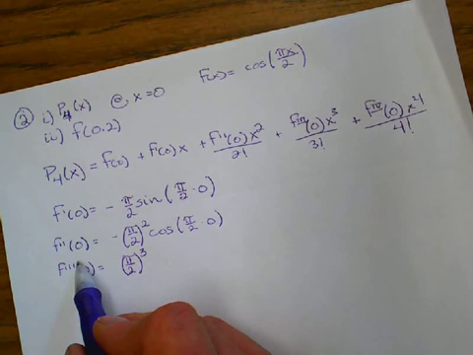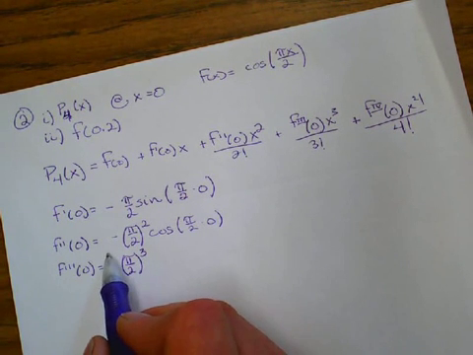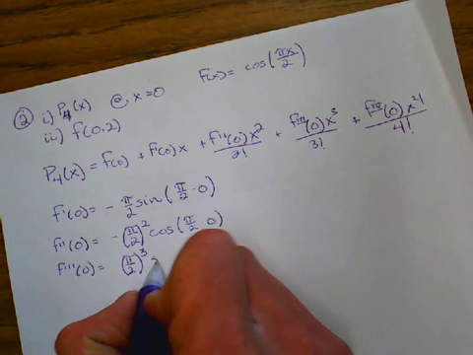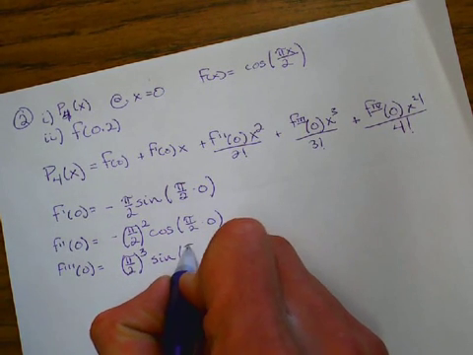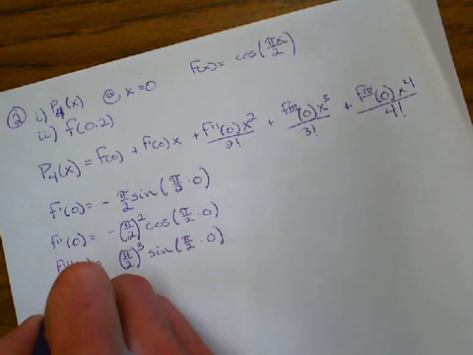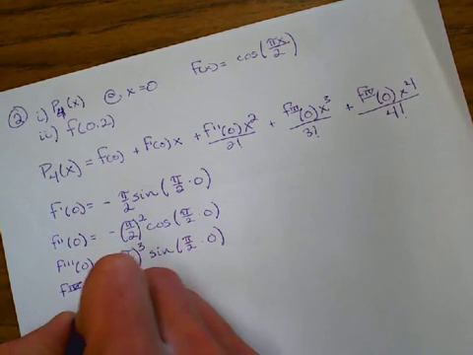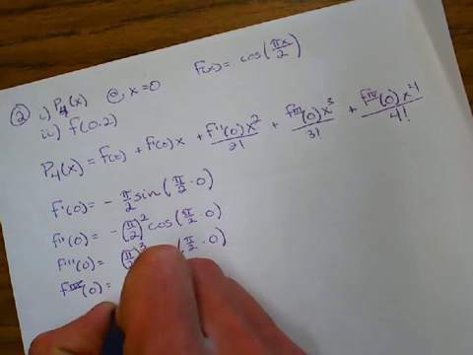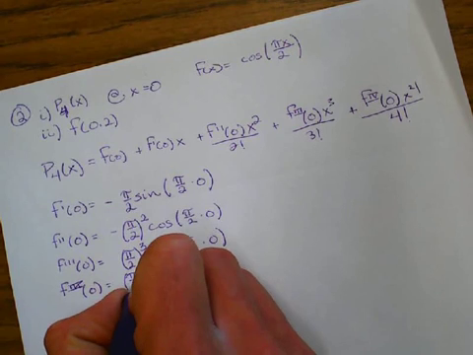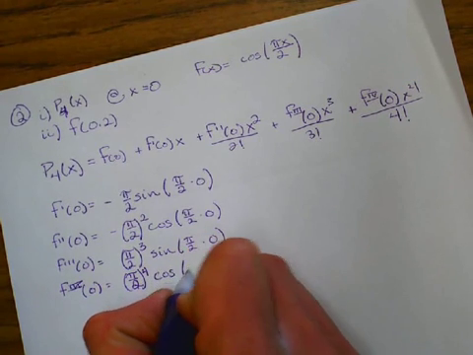This is going to become sine of pi over 2 at 0. And the fourth derivative is pi over 2 to the fourth. Threw me off a little bit.